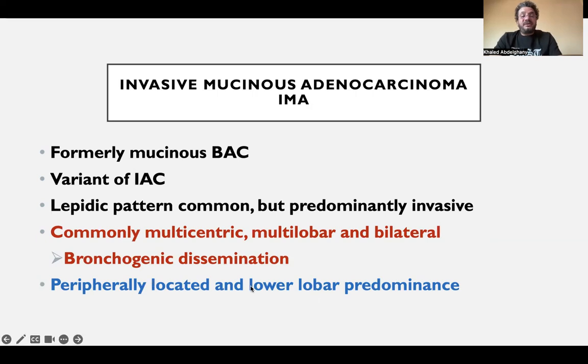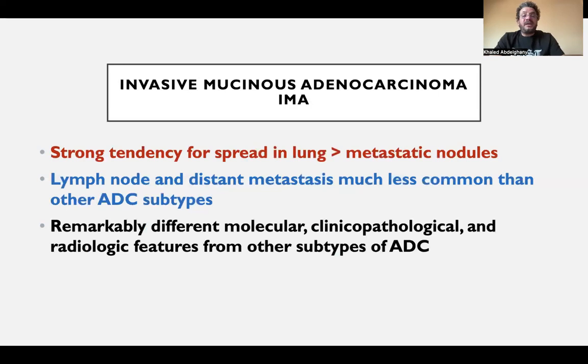They are peripherally located, and there is predilection for the lower lobe in general, but in our case, it started in the left upper lobe. It has a strong tendency to spread in the lung, to metastasize into the lung, as in this case. But as we noted as well, there was no lymphadenopathy, which is typical for mucinous adenocarcinoma, with much less common spread into the lymph nodes compared to the other subtypes of adenocarcinoma.